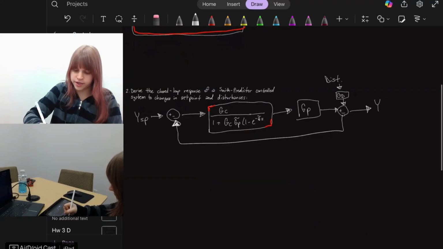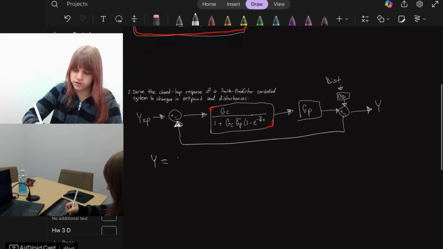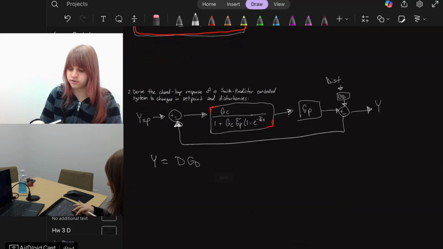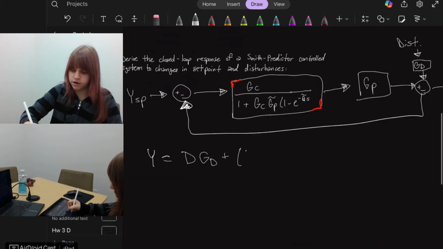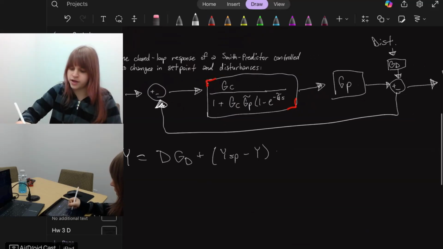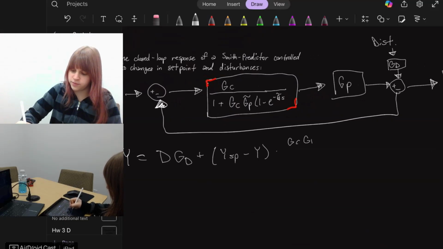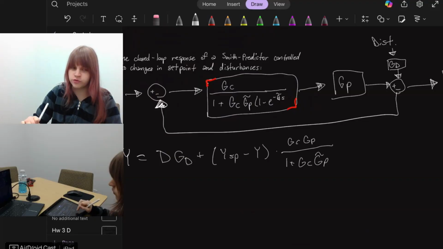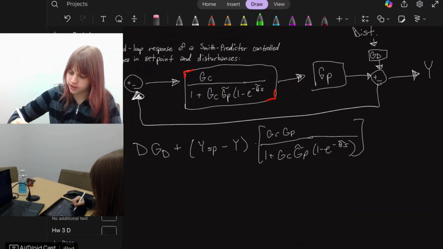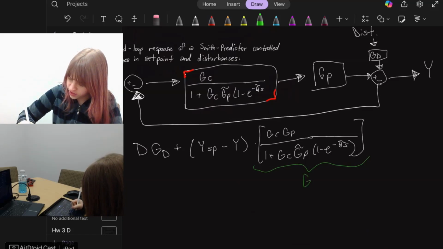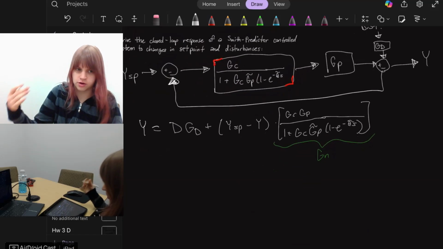So our output Y is equal to D times GD, so our disturbance times the transfer function of our disturbance, plus our set point minus our output Y multiplied by GC GP divided by 1 plus GC GP with the little squiggle times 1 minus e to the negative theta s. I'm going to label this entire thing as GN just to simplify our writing a little bit.